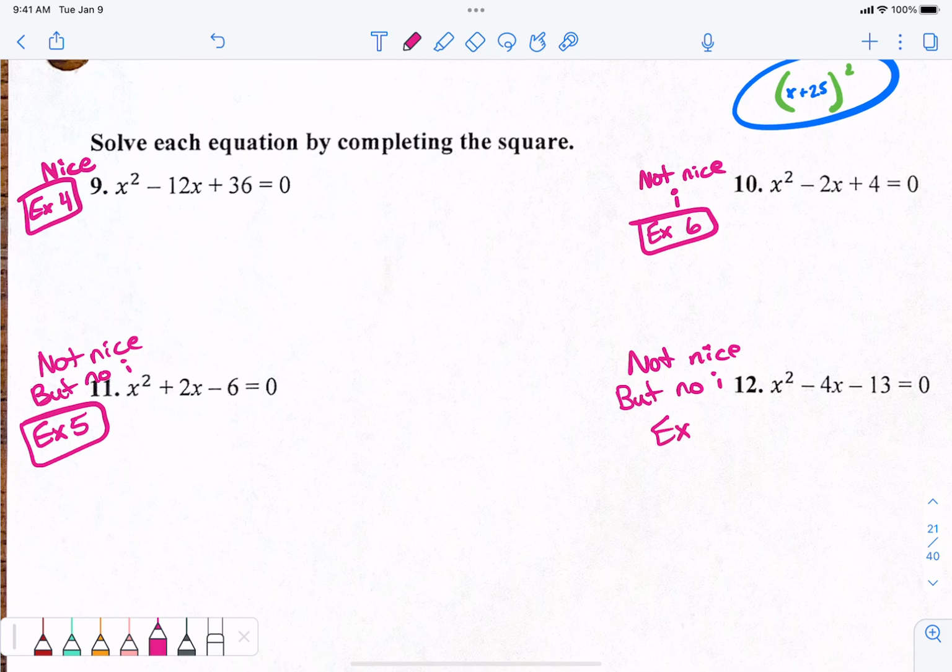It will be like example 5 also. So that's 9, 10, 11, 12. Number 9 is the only one that comes out with 2 whole, beautiful-looking numbers. Maybe 2 whole numbers, there might be 1 number. Hint, hint. But the rest of them kind of have an ugly part to them.